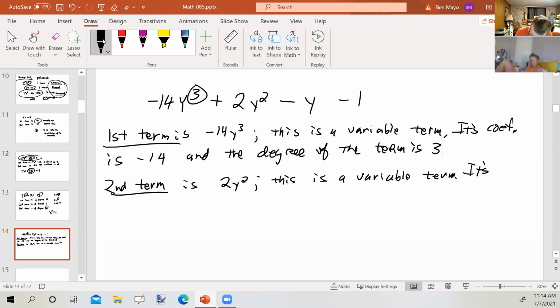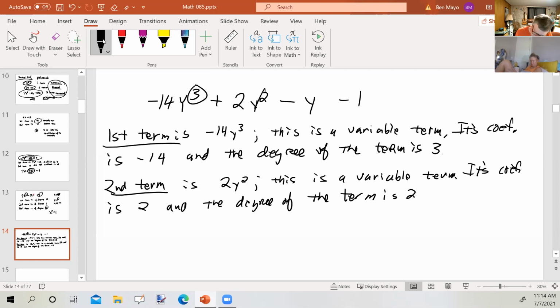Its coefficient is 2, and the degree of the term is 2. Okay, because second degree.